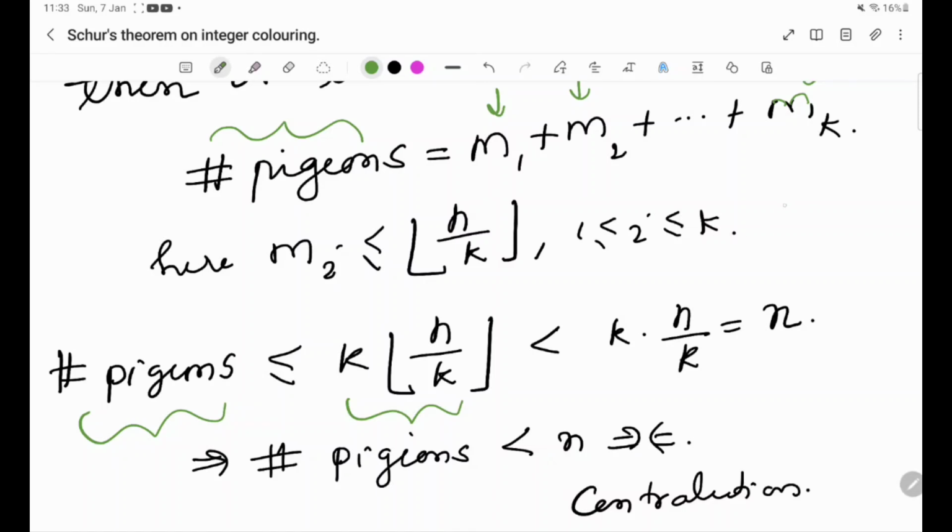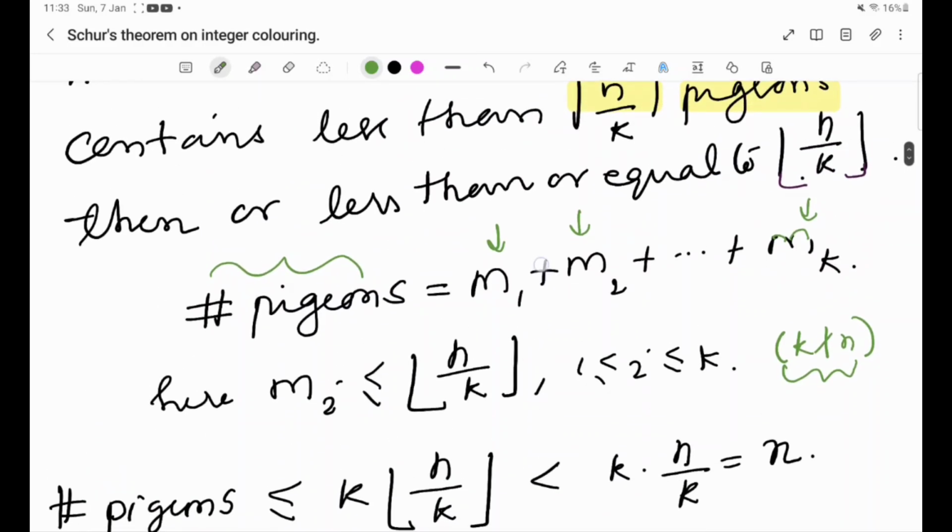So you have to note that in this case we assume that n is not divisible by k. K does not divide n. It is because when k divides n, then n by k is an integer, so there would be a change in the assumption.